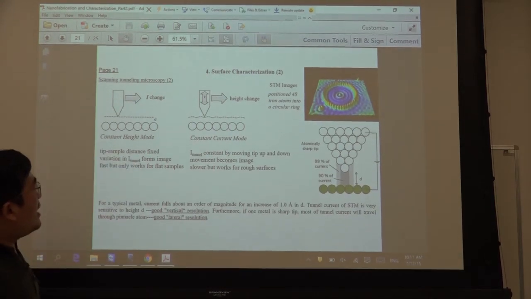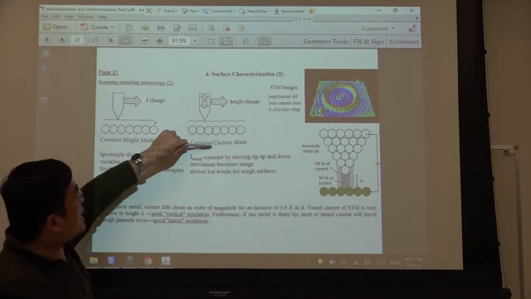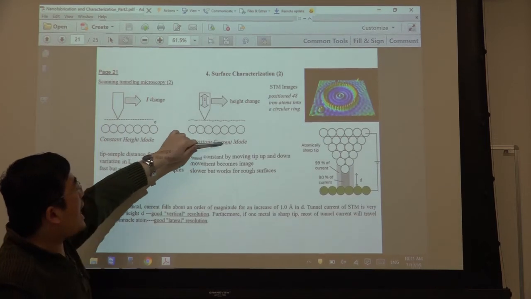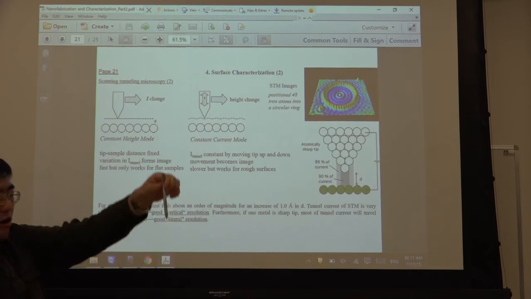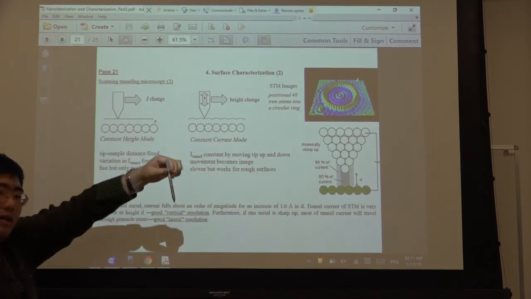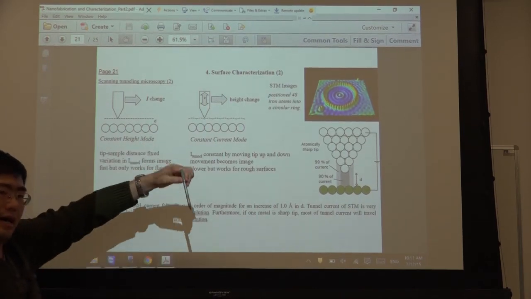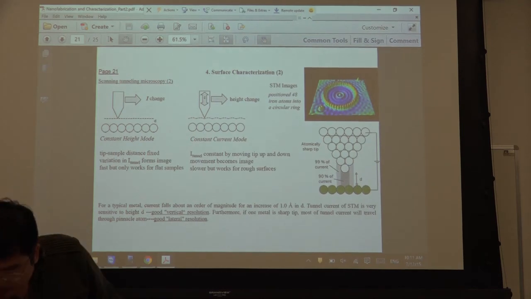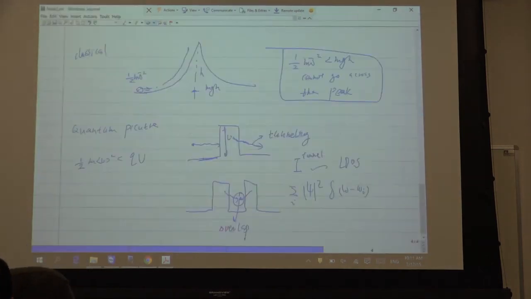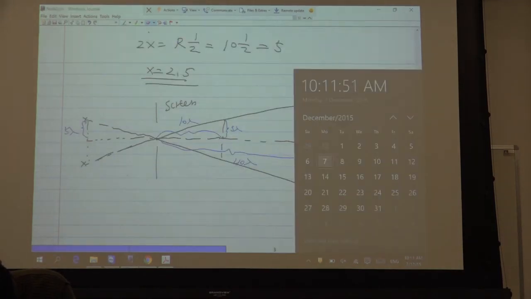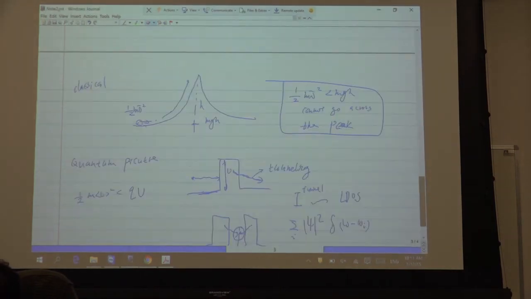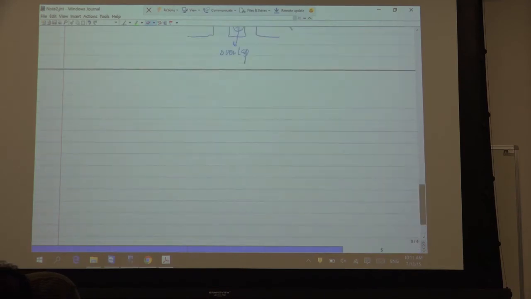Another is the constant current mode. You keep the current constant and move the tip up and down. I'll give an example.